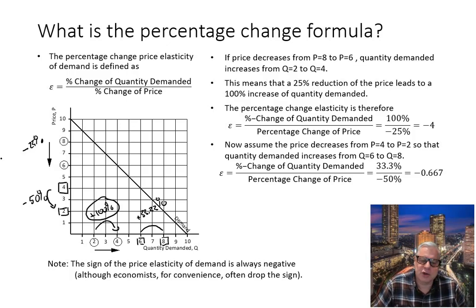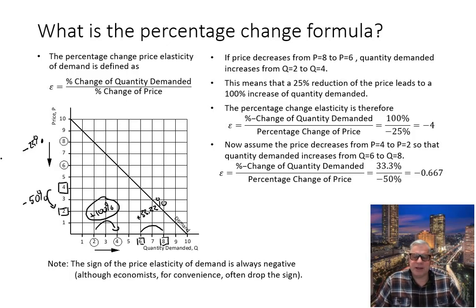Again, the intuition is that if we lower the price from 8 to 6, we lower it by only 25%, but that leads to a doubling of quantity demanded. But even if we lower the price percentage-wise by a much higher magnitude, 50% from 4 to 2, the quantity demanded increases by only 33.3%. So it is a much lower value.